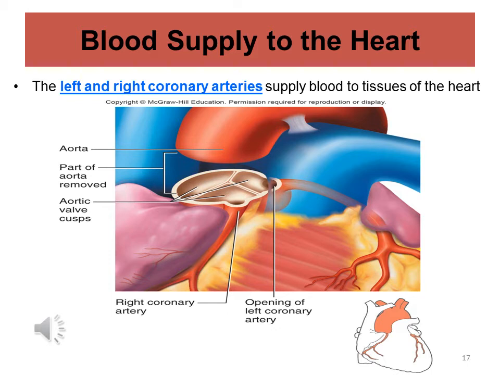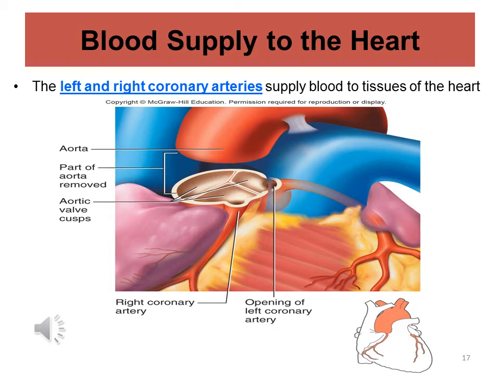So the first thing we see is the left and right coronary arteries are going to come right off of the aortic valve. So the aortic valve is going out the aorta to the systemic circuit, but coming off of that, you have the right and left coronary arteries. So it's coming right off of that valve before it gets to the aorta itself.